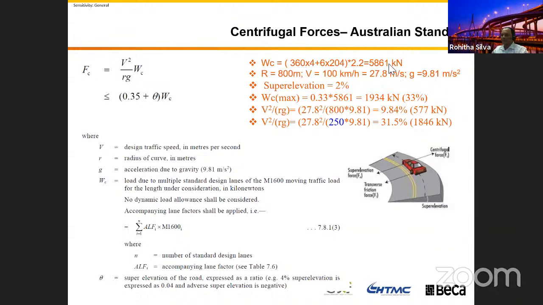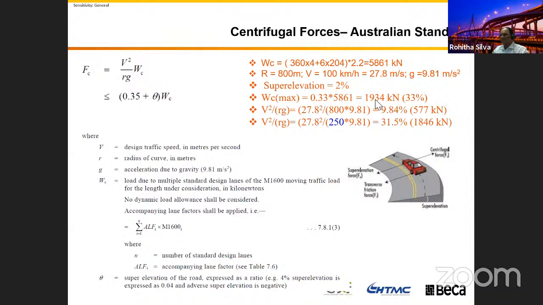The total weight, when we calculate our M1600 imaginary vehicle, is the M1600 times the contribution of the other 2 lanes, altogether 2.2, so we got 5,861 total weight.